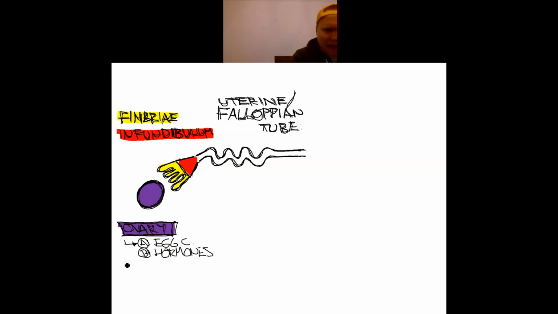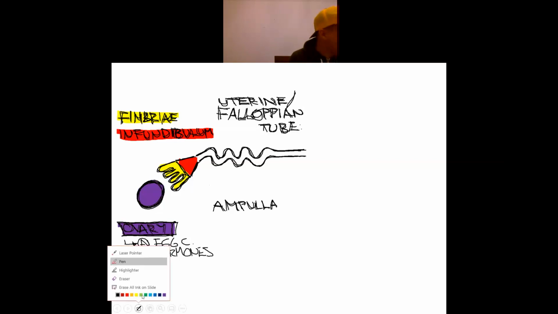So the first part that we see of the uterine tube, this wiggly, curvy part, is going to be our ampulla. And let's just color that so it's easier to spot.